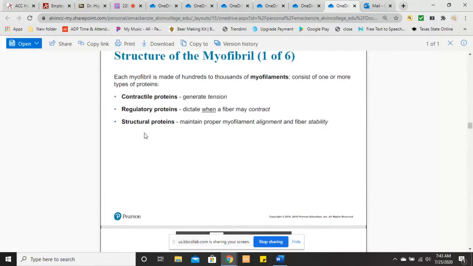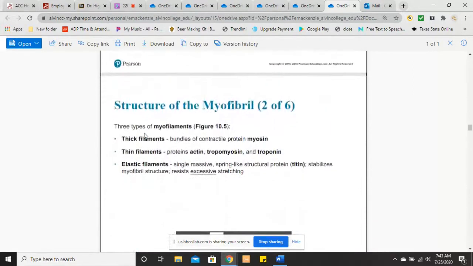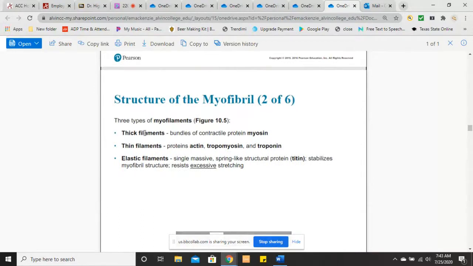Okay. So let's go through. What are these proteins and what do they look like? First up are the contractile proteins. What proteins are responsible for getting you to contract? It's two of them. It's called myosin and actin. Myosin and actin are contractile proteins, functional. Then there's the regulatory proteins. That's troponin and tropomyosin.